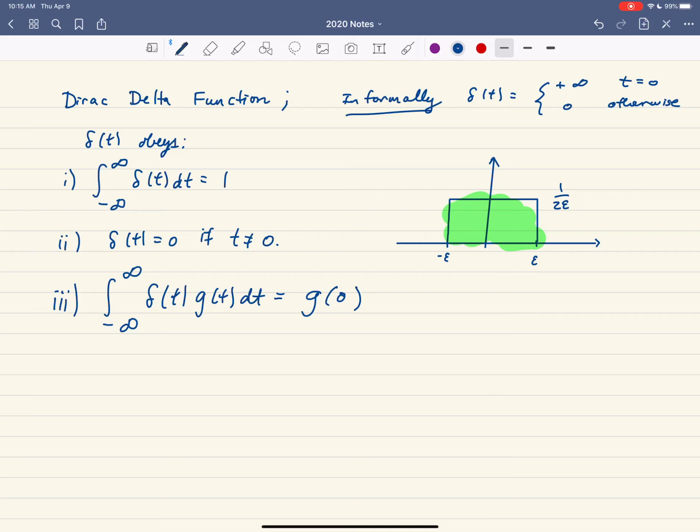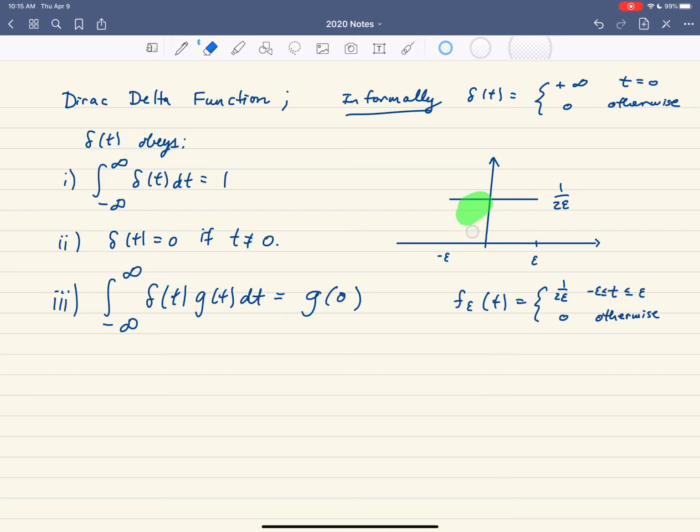And we're going to define this function f sub epsilon of t to be 1 over 2 epsilon if t is between negative epsilon and epsilon, and 0 otherwise. So this is our function that we've drawn.